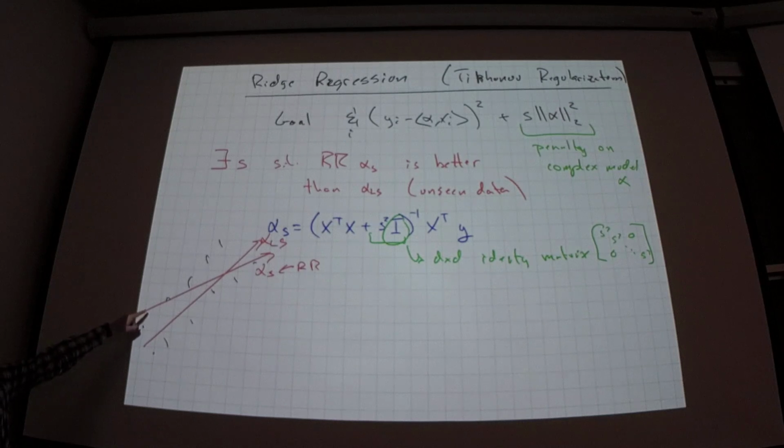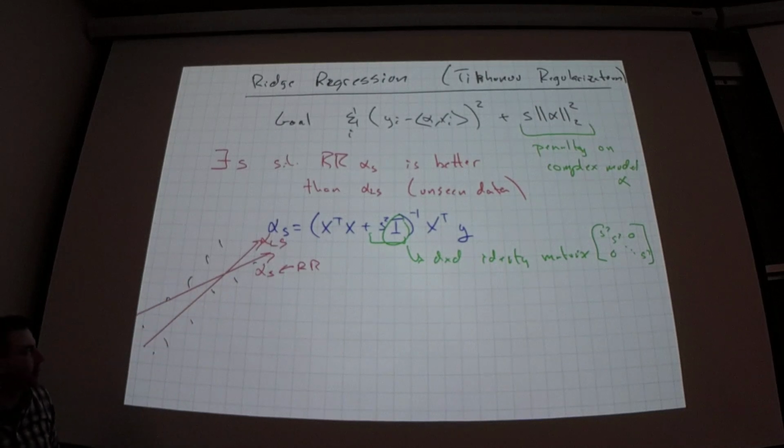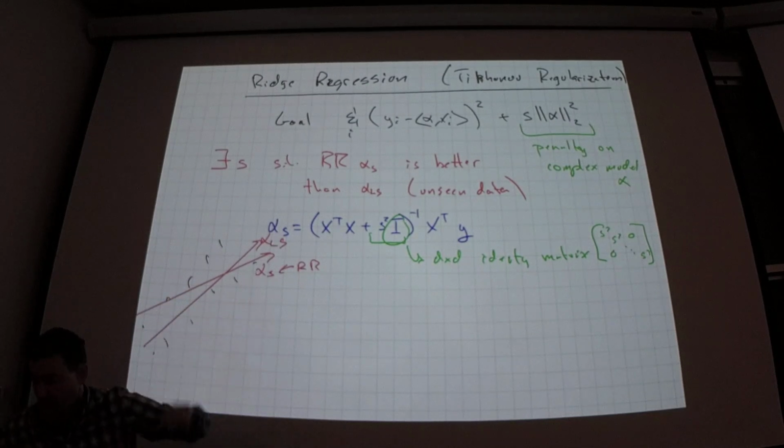This one I've chosen kind of ignoring whatever's going on at the offset. Assume maybe 0 goes through there or something. But for this one, the slope is smaller.